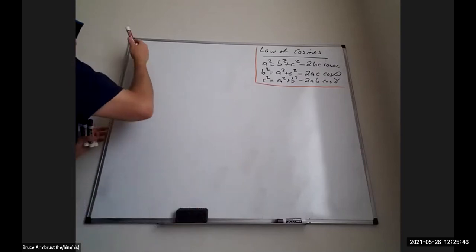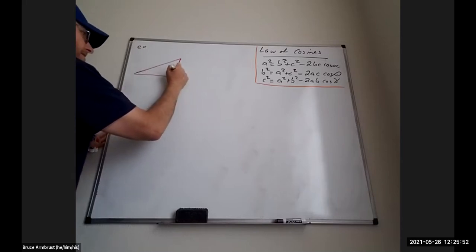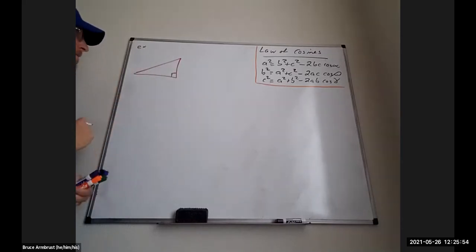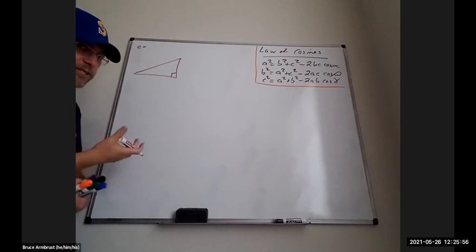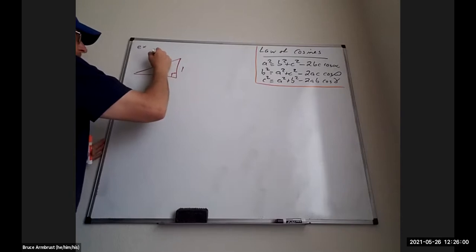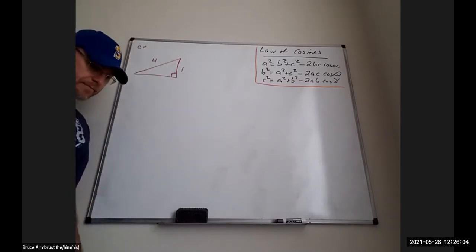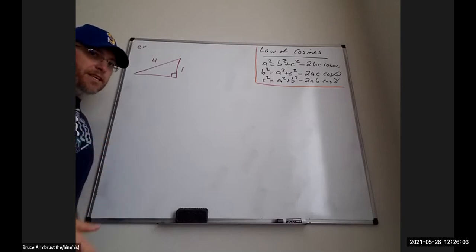So, for example, let's look at this right triangle, and I'm just going to give you 2 sides. So let's say that this is 1 and this is 4. And I said solve it. So what's the first thing you're going to do?